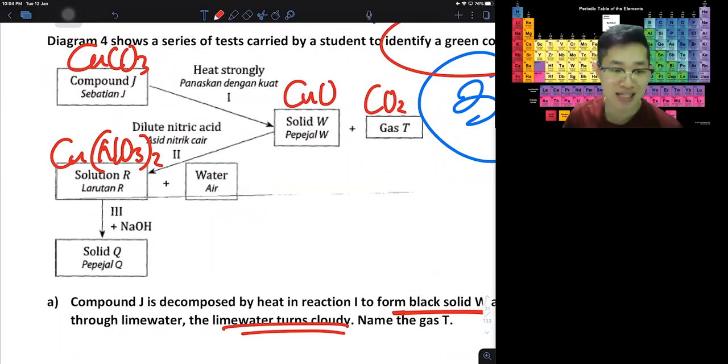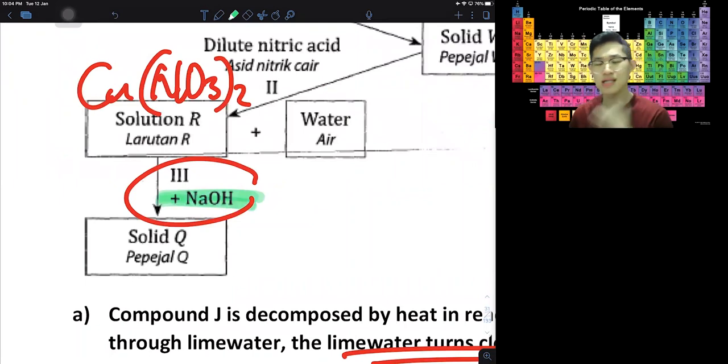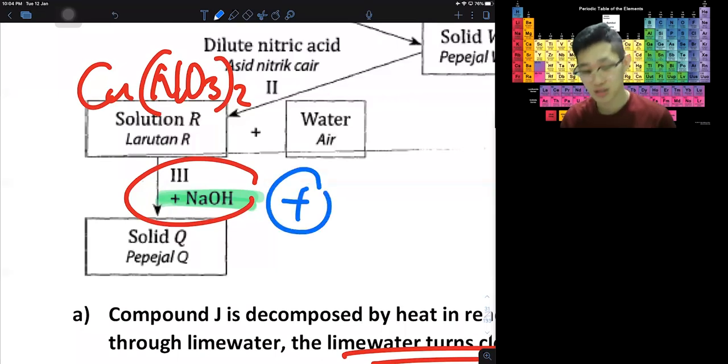Copper 2 nitrate plus NaOH. When they add NaOH, they are secretly telling you that they are actually testing the cation, because the one we did just now, NaOH is to test cation.